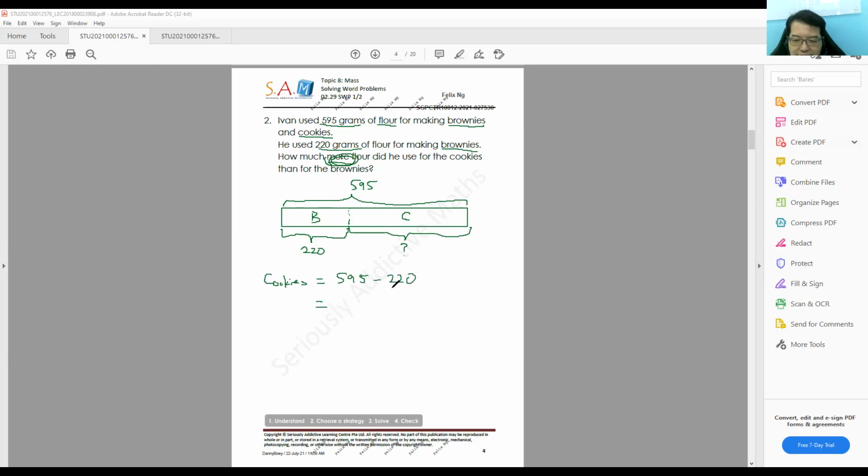Can you all tell me the answer? All right, a few ways you can do subtraction by hundreds, tens, and ones, or you can do the algorithm way, whichever way. Now remember your working should always be at the side.